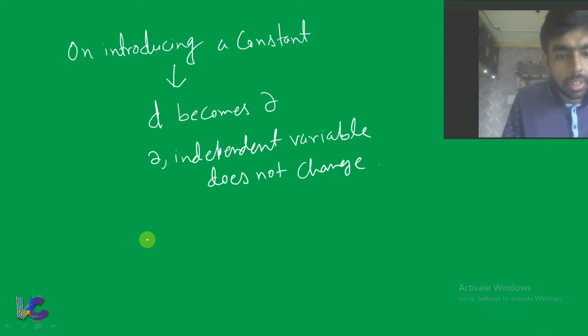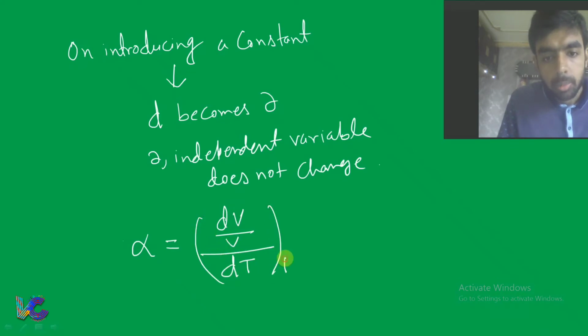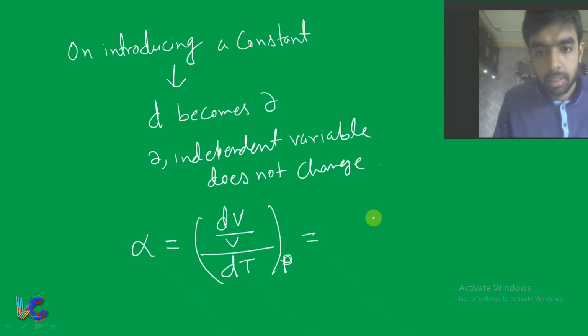Now what I have written in the previous slide, that alpha is dV by V, the relative change in volume with respect to change in temperature at constant P. That means there is a constant P. P is constant here. That means dV and V, that is complete differentiation, will become partial differentiation. That means dV will become del V, but V, the independent variable, does not change.